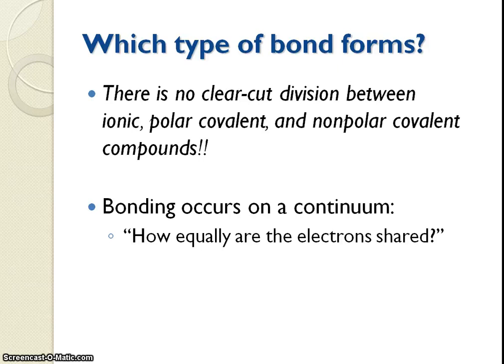If one of those 2 atoms is slightly more electronegative, they're still going to share it, but they share it unevenly, and that's called polar covalent. And if one of the atoms is really electronegative and the other one is not, so the difference is really big, then it's going to get transferred completely, which is called ionic.